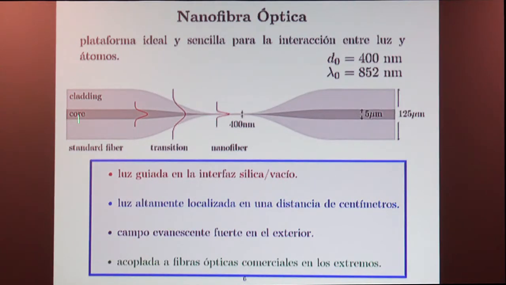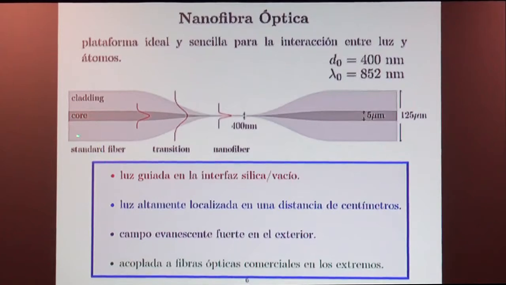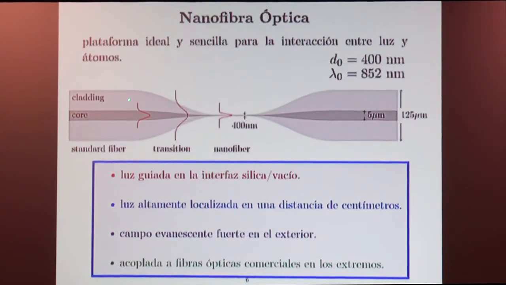So we start from a normal fiber where the light is bouncing between the core and the cladding, and we start reducing this diameter. I will explain to you how. And at some point, the light is traveling in the interface between vacuum and the silica. And if we are careful enough, we can make this nanofiber length of the order of 1 centimeter or 5 centimeters.